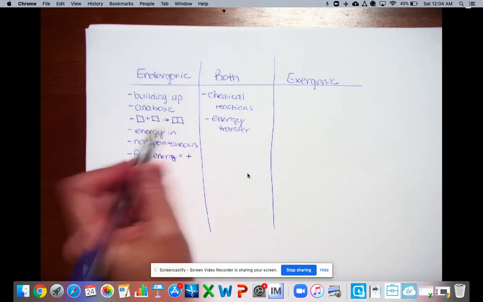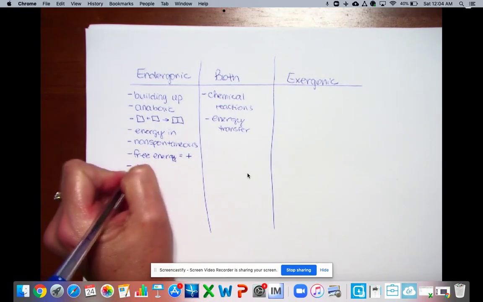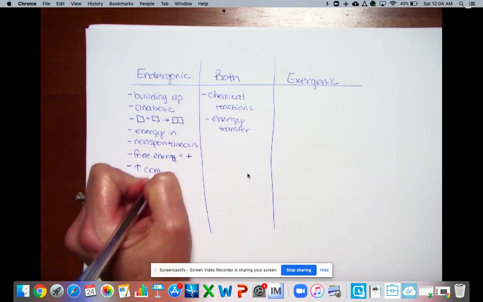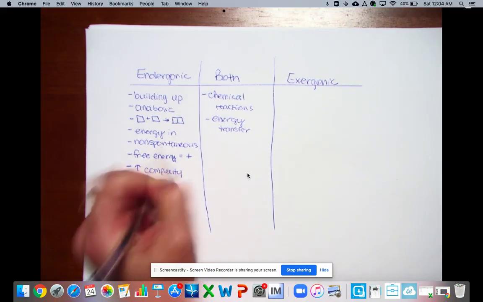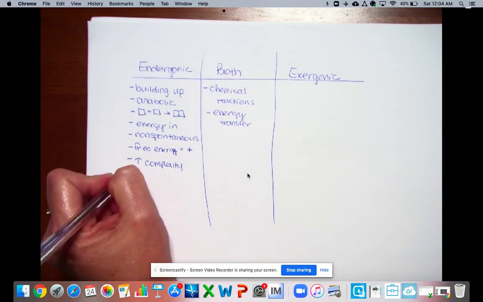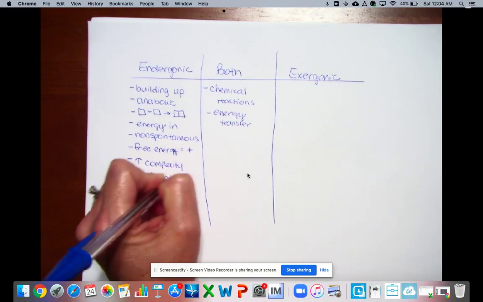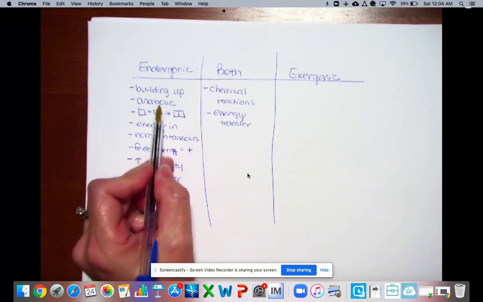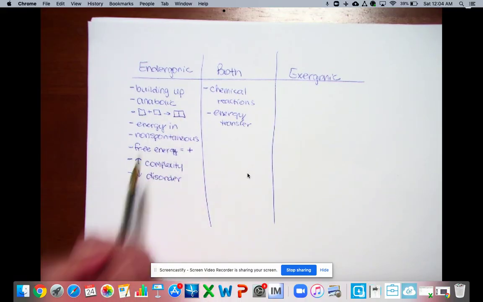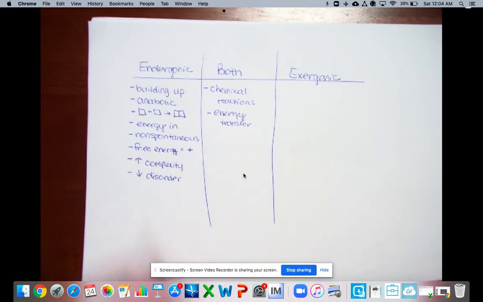You are also, if you look back up here, you are increasing in complexity, because your product is more complex than your reactants. And you are decreasing in disorder because your reactants can go in different directions, but once you attach them all together, they can now only go in one direction. So you're decreasing the amount of chaos that's happening here.